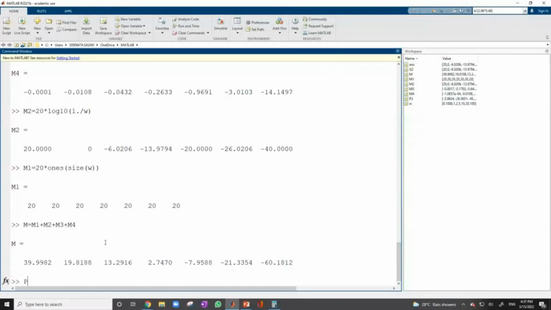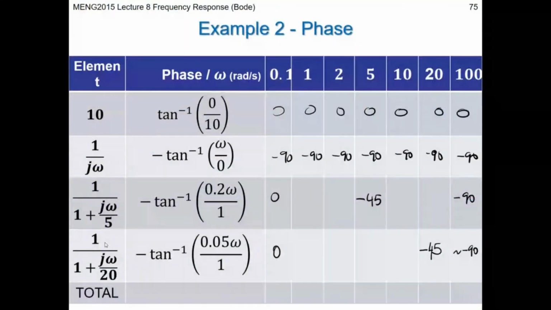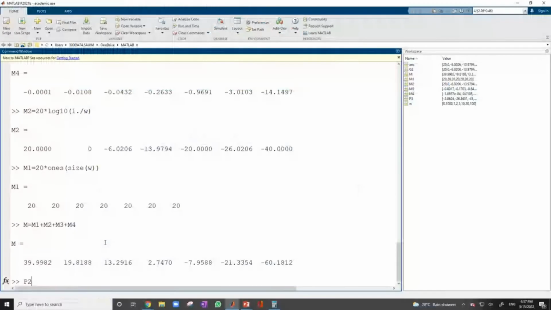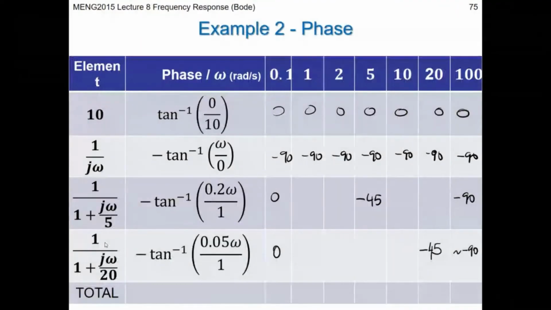So P2 is my P1. I don't need to worry about that, it's pure gain. For P2 I'm going to do the same thing I did with my M1 before, and just create a matrix that has all minus 90s in it.